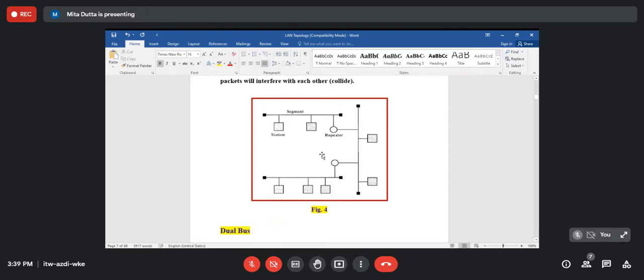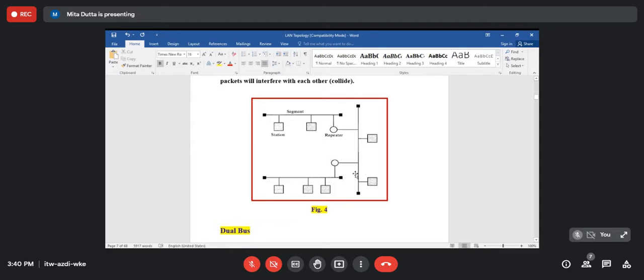But the repeater will not isolate segment 1 from segment 2, and by using these two repeaters, all of the stations are on the same bus LAN.